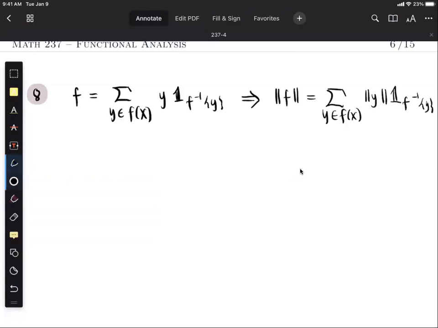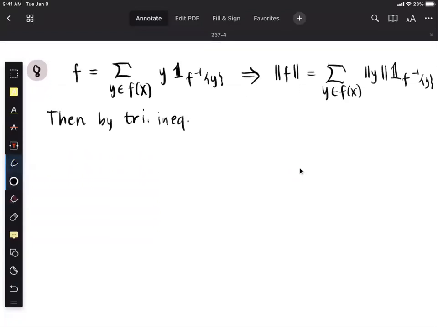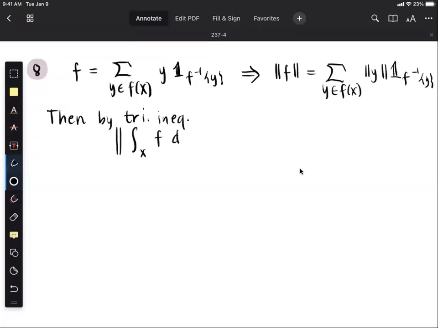Okay. And from this, you can now apply the triangle inequality with respect to the norm of Y. So the norm of the integral of the simple function f is less than or equal to the integral of the norm of f over X with respect to the measure mu. So this can be deduced easily from the triangle inequality.